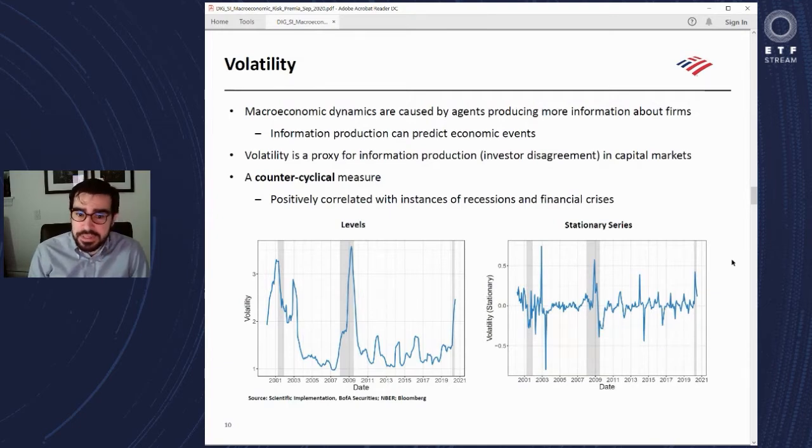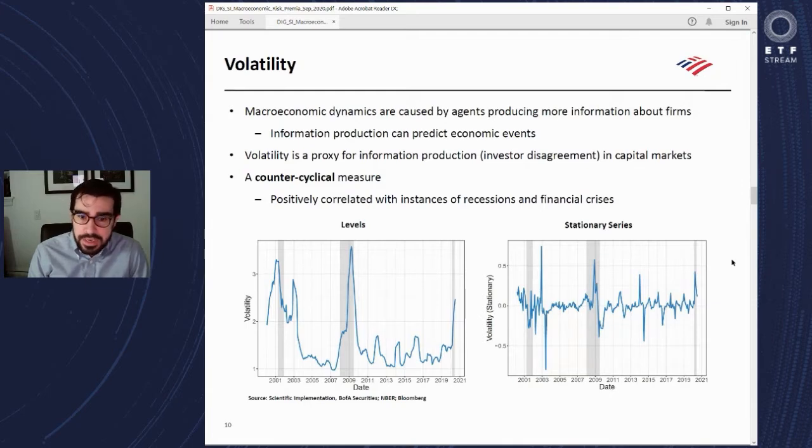Our definition of volatility might be a little different than the commonly accepted definition of volatility. What we mean by volatility here is dispersion in the beliefs of agents in the economy, investors, when it comes to the valuations of firms.